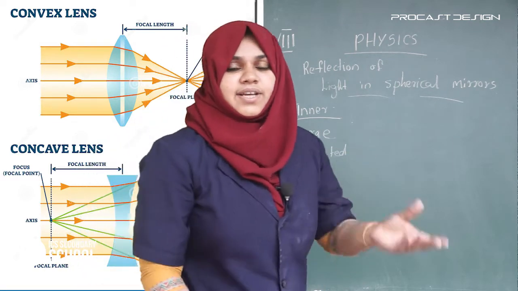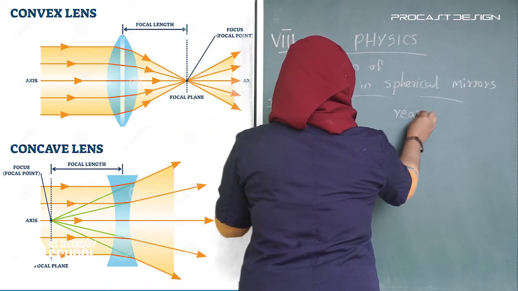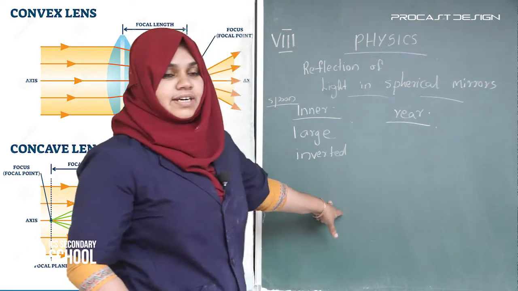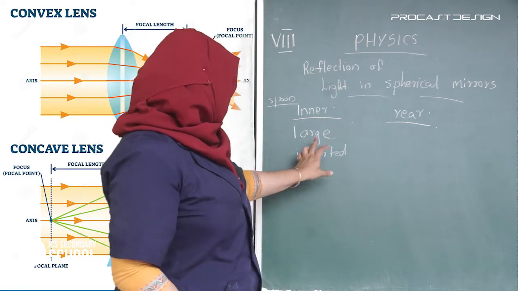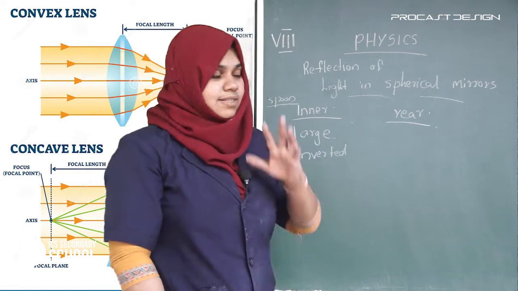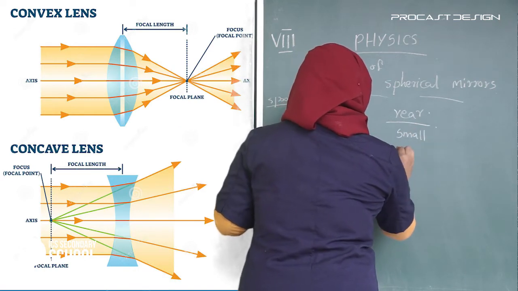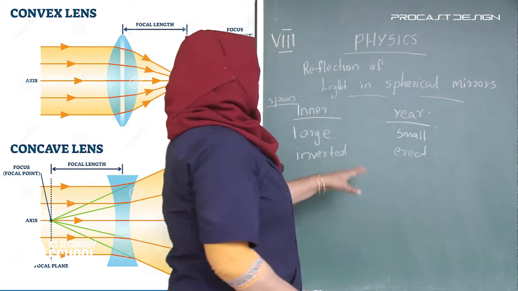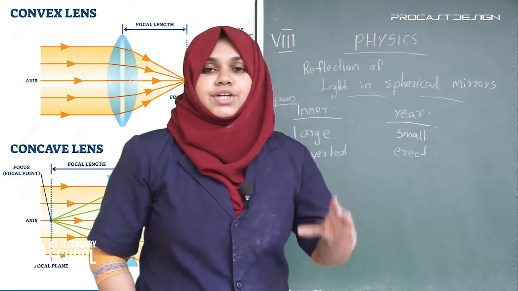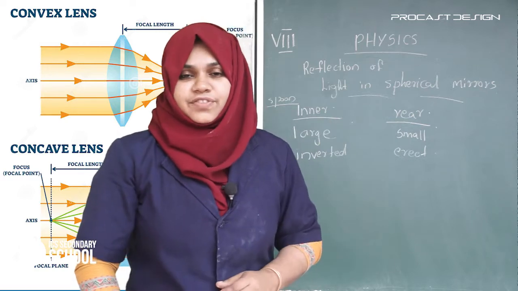Then on the outer surface of the spoon, what type of image can we see? Yes, a small and erect image. A small and erect image can be seen on the outer surface of the spoon, and a large and inverted image can be seen on the inner surface of the spoon.